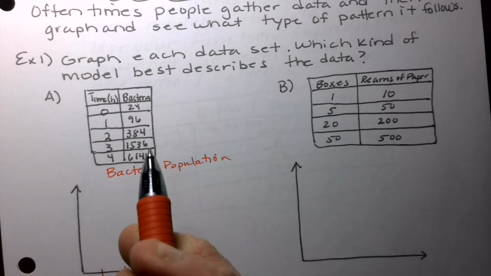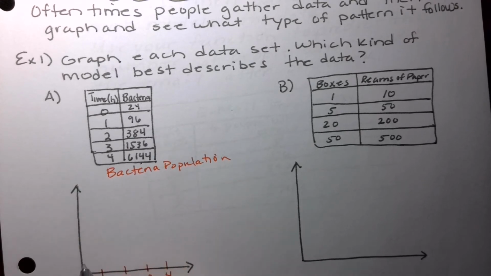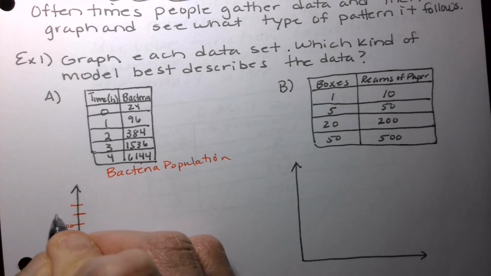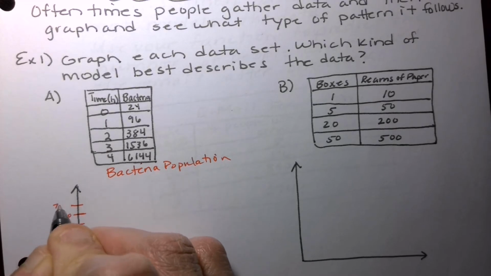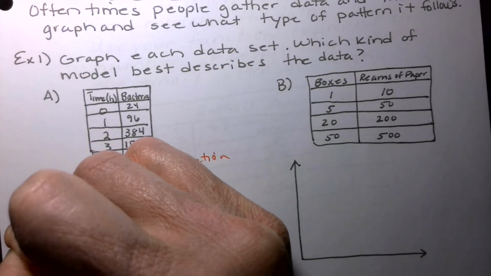And we've also talked about bacteria, and I look and see, okay, it goes all the way up to 6,000, so I'm going to go up to 7,000. 1, 2, 3, 4, 5, 6, 7. That's our bacteria.